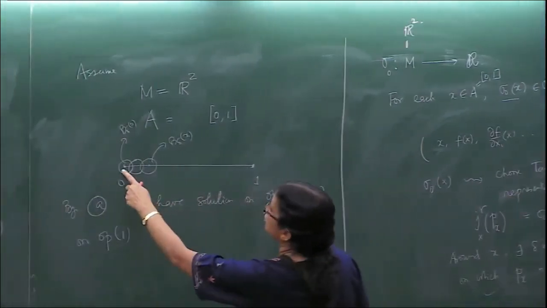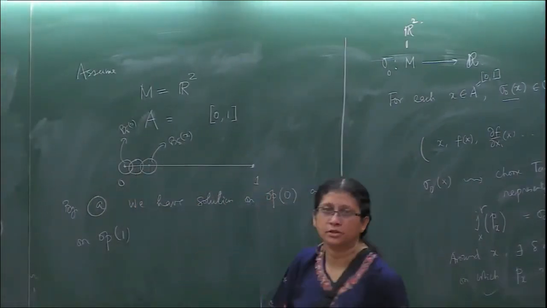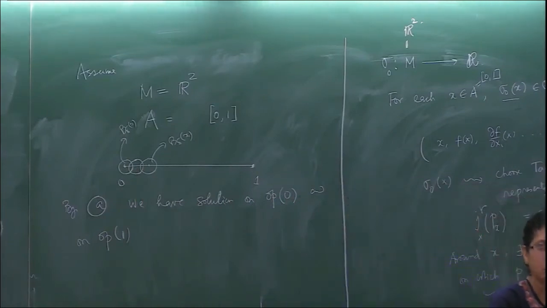On each of these I have a local solution, but of course they don't match on the overlap. So the main problem is how to interpolate between these local maps and get something global on the neighborhood of a 0-1 interval.